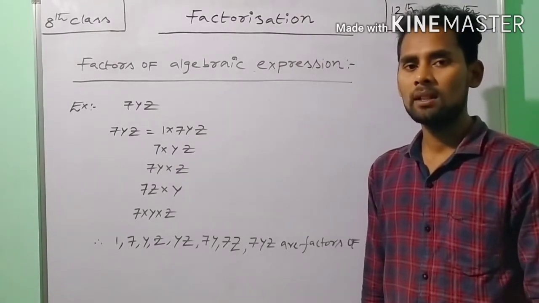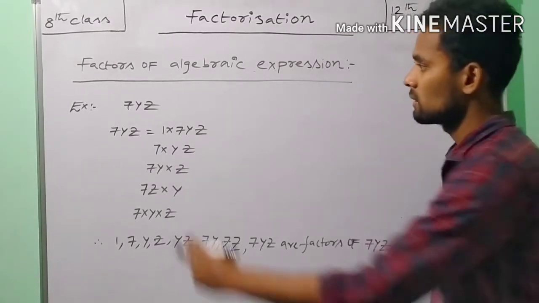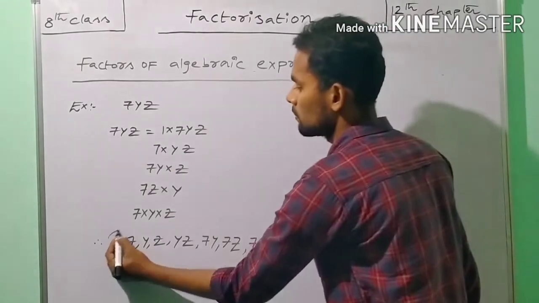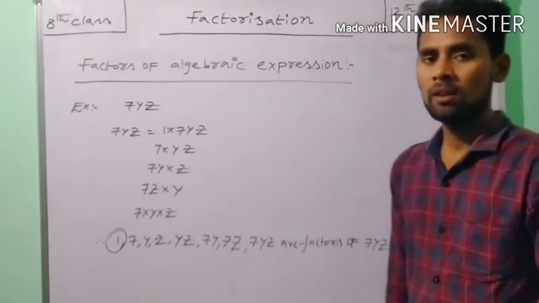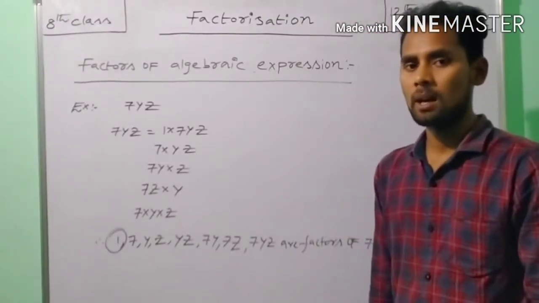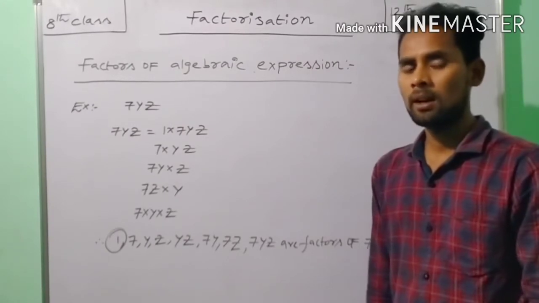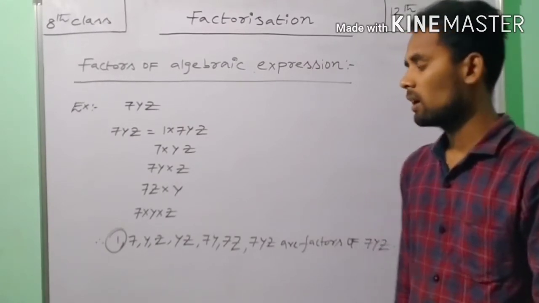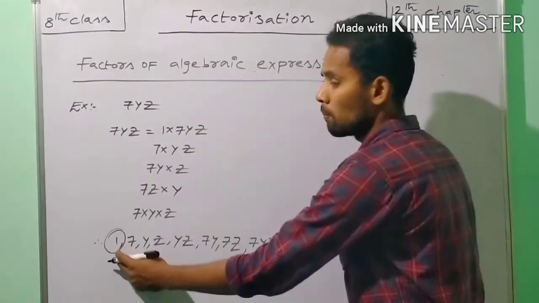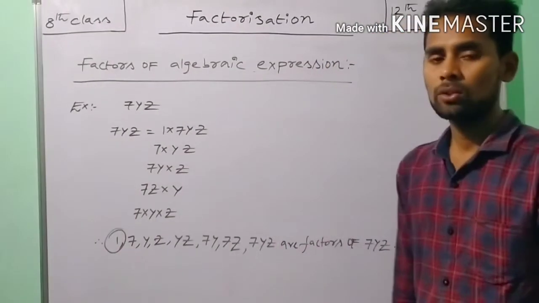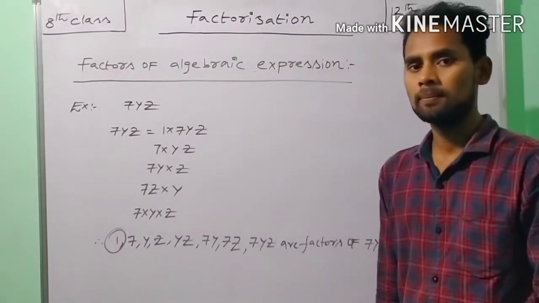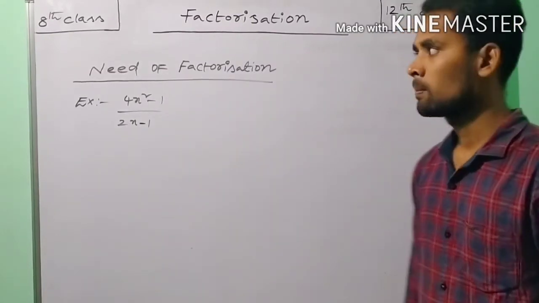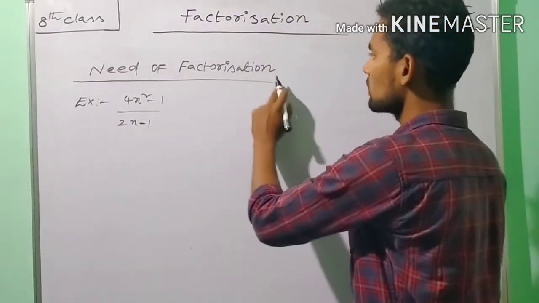So, 1 is a factor of 7yz. In fact, 1 is a factor of every term, but unless required, 1 need not be shown separately.